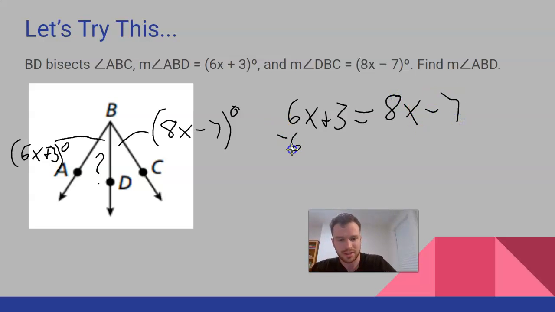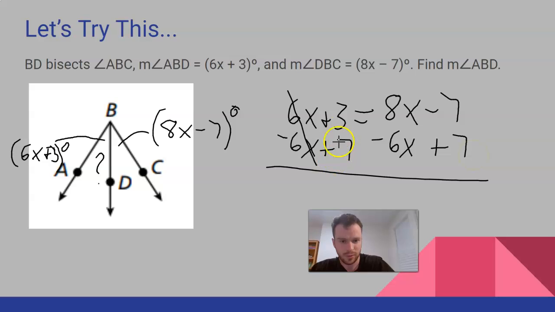I'm going to subtract 6x on both sides. And that will get rid of the x term on the left side. And I want to get rid of the constant term, just that number, on the right side. So I'm going to add 7 on both sides.